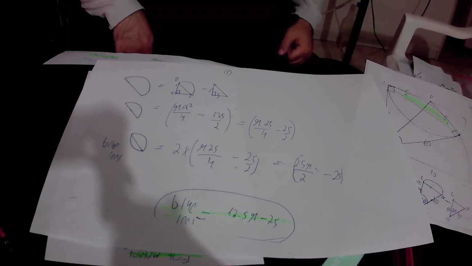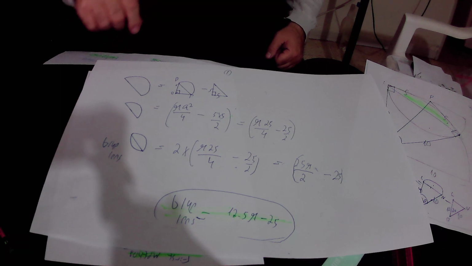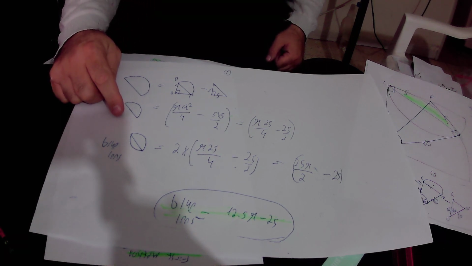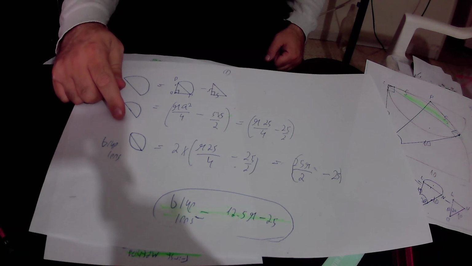But because the two circular segments are identical, the blue lens is composed of two circular segments that are identical in size. We can multiply the area of one circular segment by 2, and in this way we get the area of the blue shape.